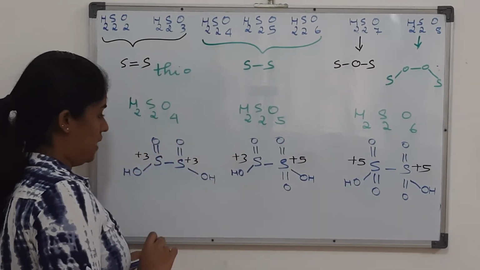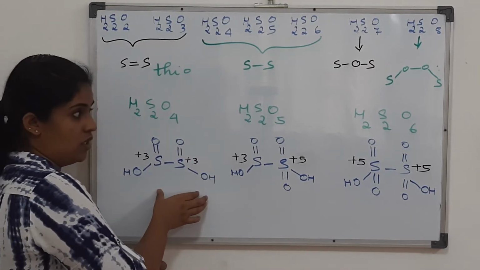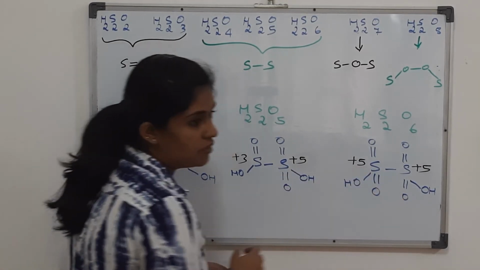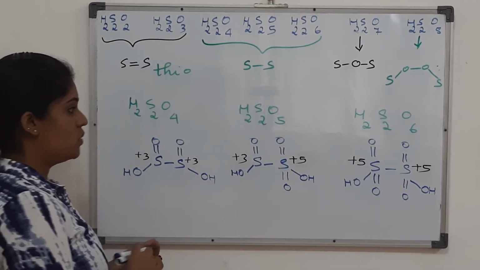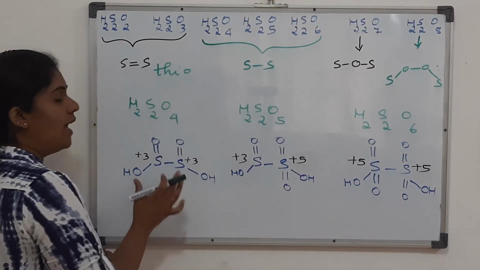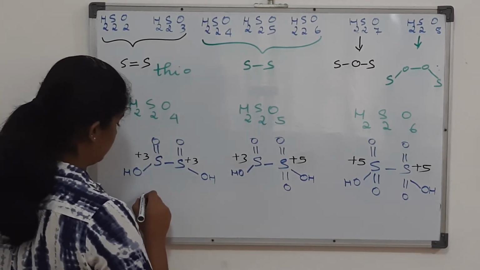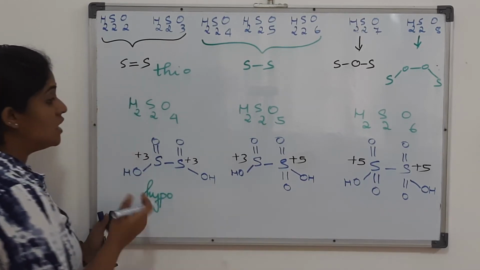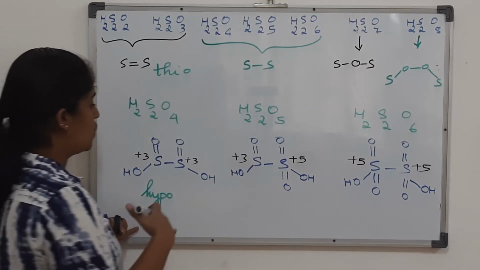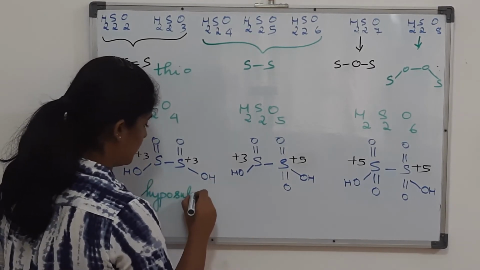Now, we saw that if the structure has sulfur either in +3 oxidation state or in +5 oxidation state, we told that they have the name hypo. Their name starts with the word hypo. So this one has +3, hypo it is. And it is lower oxidation state, so it is sulfurous. This is hyposulfurous acid.